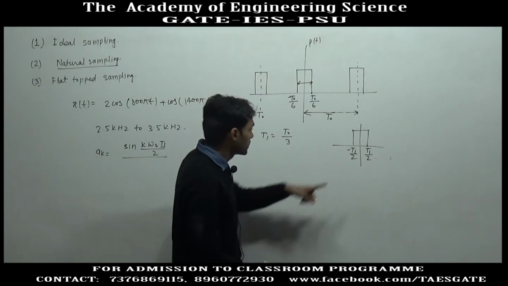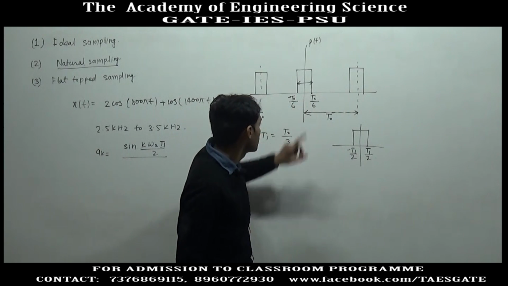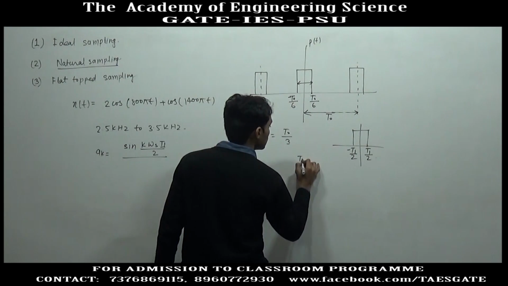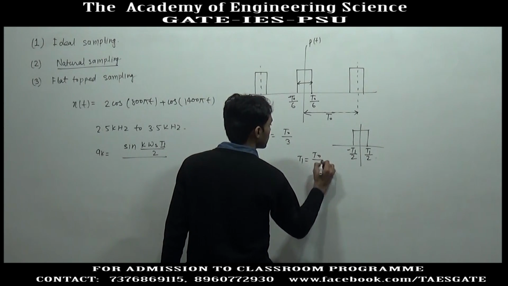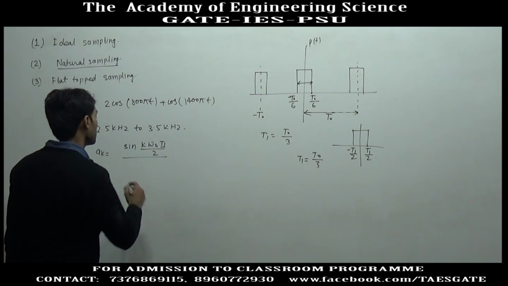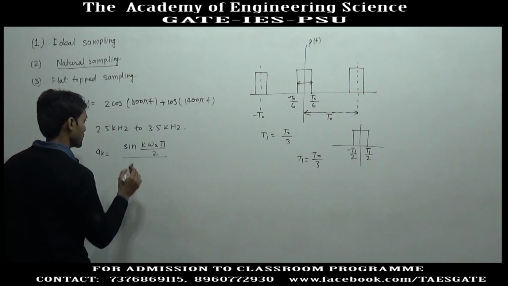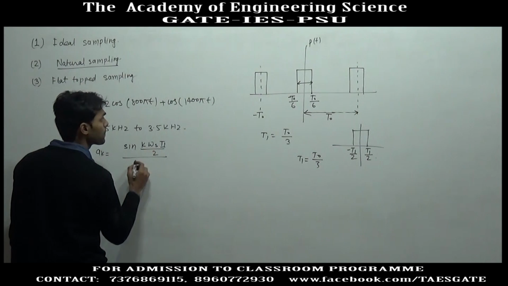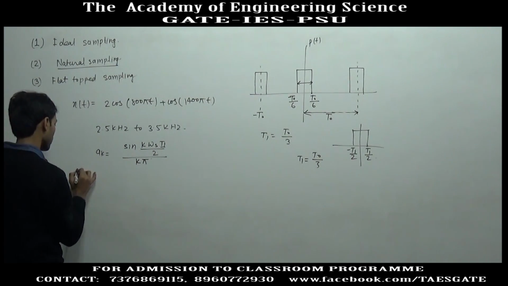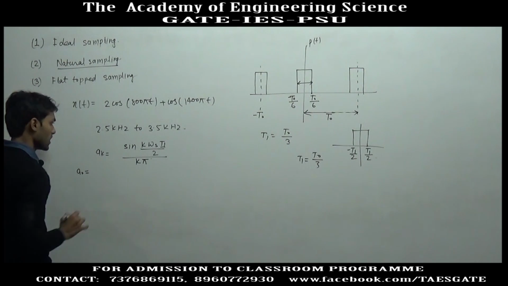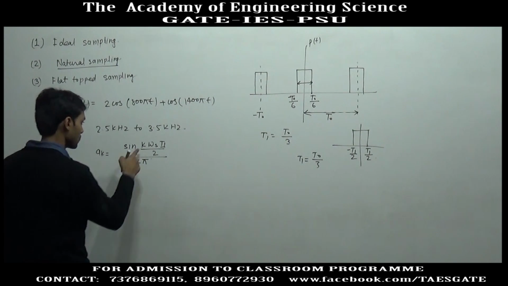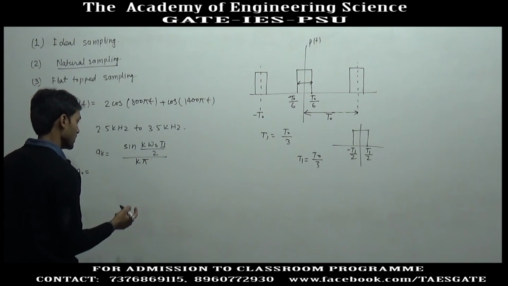Here, in place of T1 by 2 we have T naught by 6, so T1 equals T naught by 3. So ak equals sin(k omega s T naught by 6) divided by k pi. A0 will have a non-zero value; if we use k equal to 0, we will get some value.